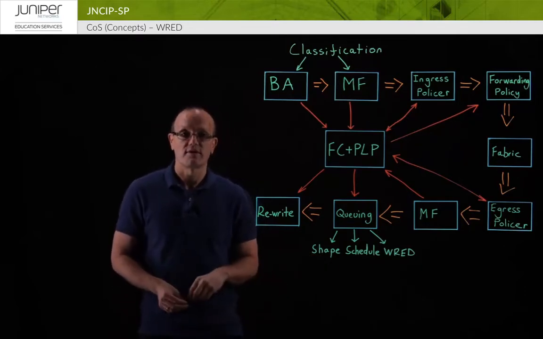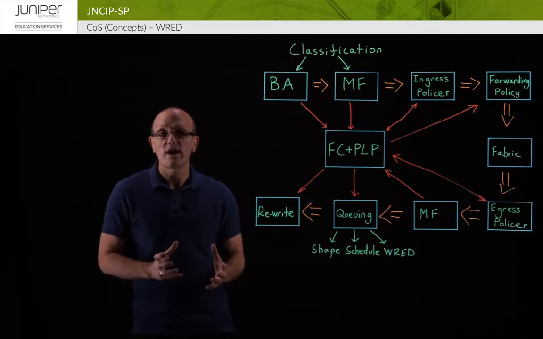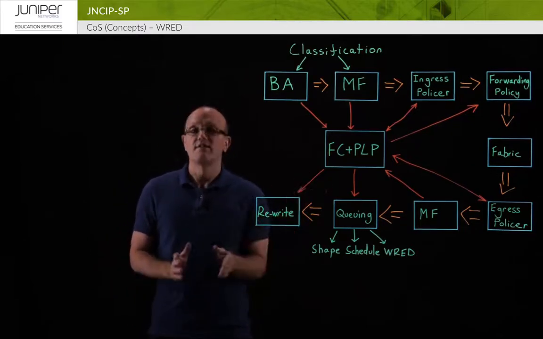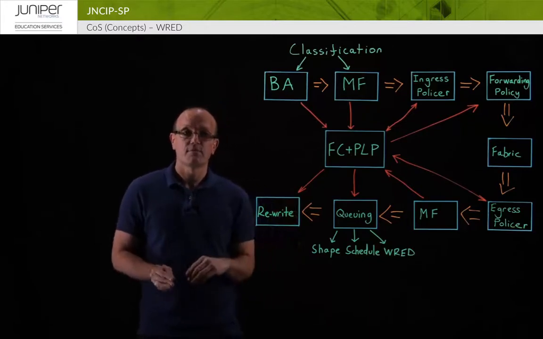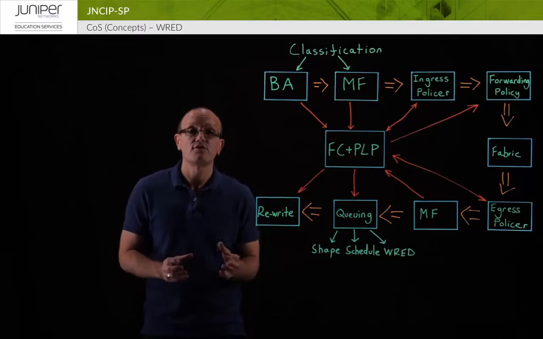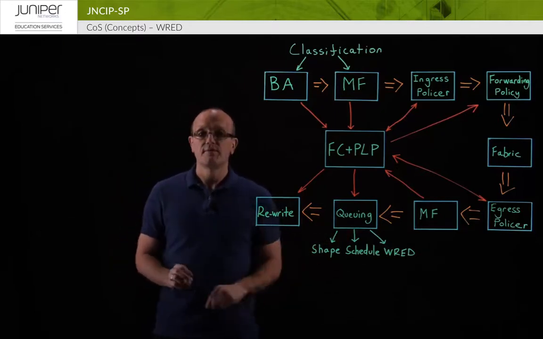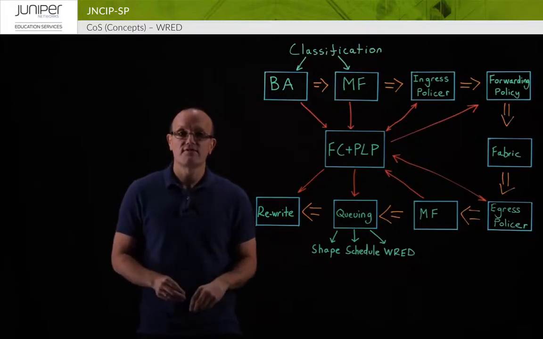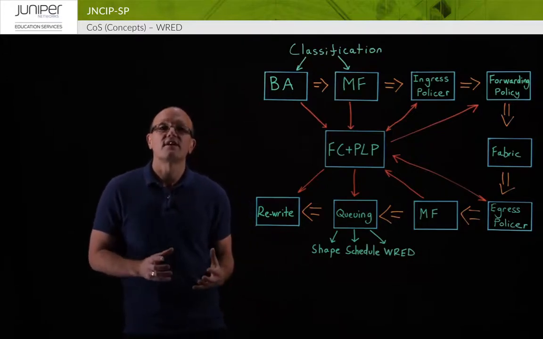more important traffic. And what happens here is that instead of waiting until the buffer completely fills, we're waiting now for the buffer to hit the fill level associated with that drop profile. And when it does, we then drop the percentage of traffic that's assigned to that drop probability.